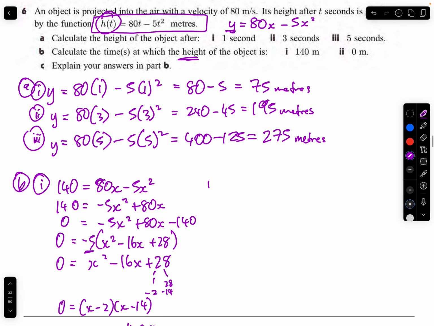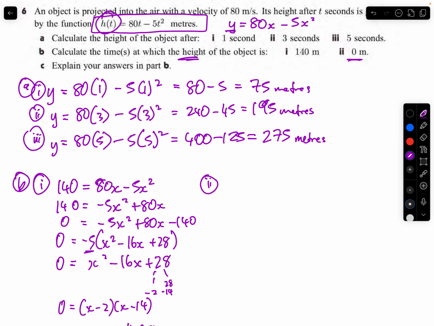Let's do 0 meters. So this is saying y is 0, 80x take 5x squared. Doesn't look like a quadratic, so rearrange. Negative 5x squared plus 80x. That looks nicer. It doesn't have 3 terms, so it's not going to be sum and product rule. I'll still remove negative 5x as a factor because 5x is in both of these.